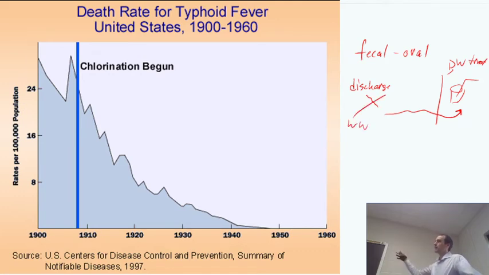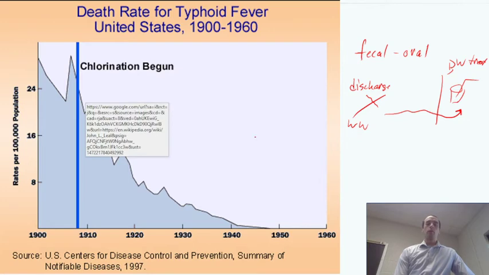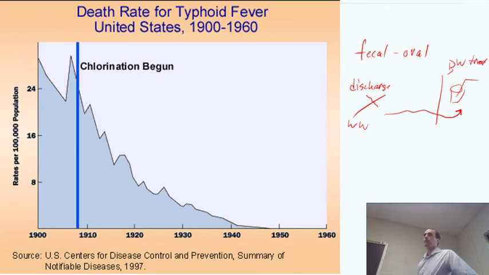And in fact, if we take a look at the typhoid fever incidents, things like that, it wasn't simply that we started chlorination and instantly it fixed everything. There's also a lot of generic sanitation gains that we get for having nice plumbing, sanitation, all of that.